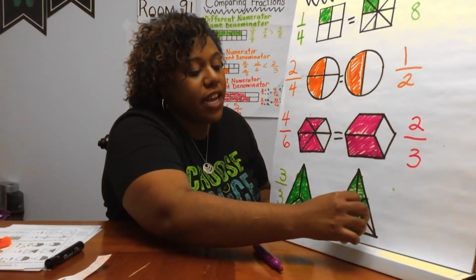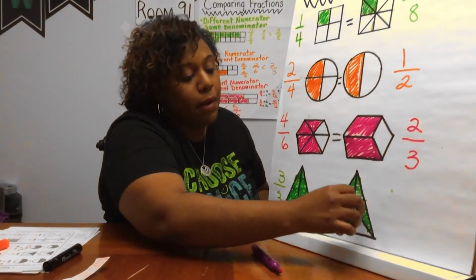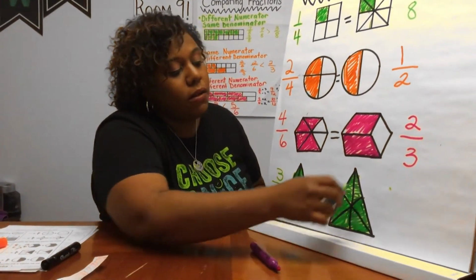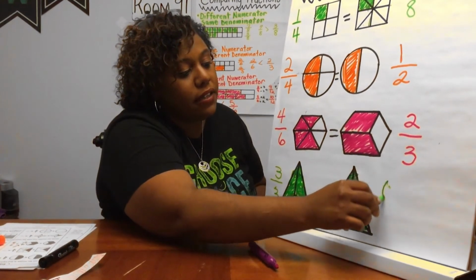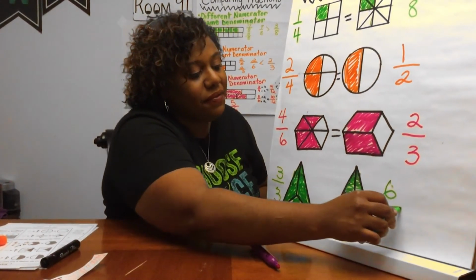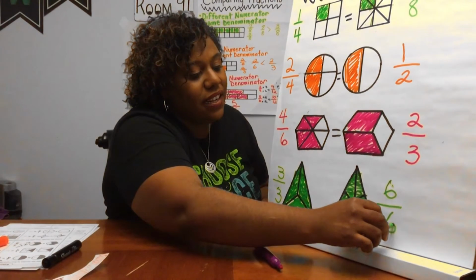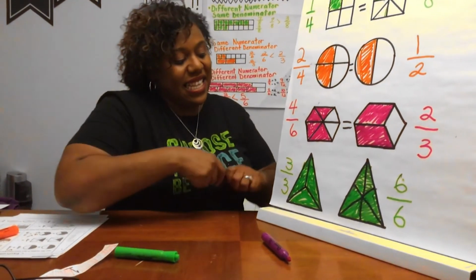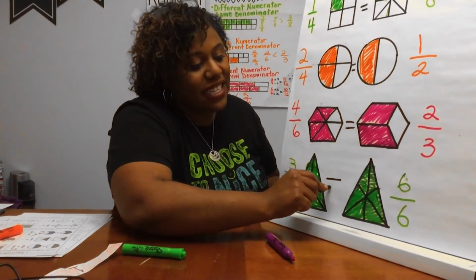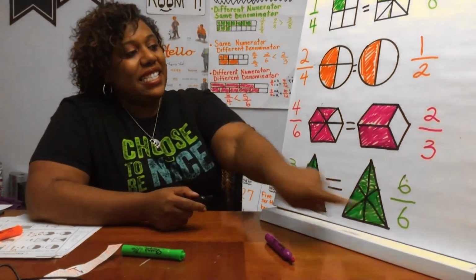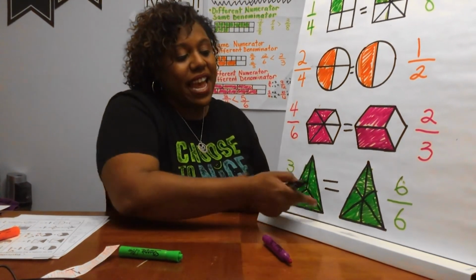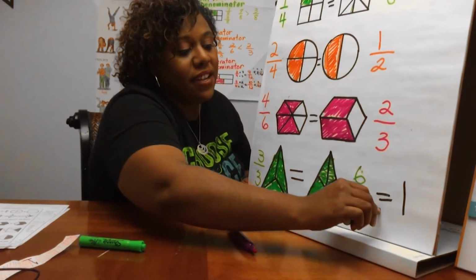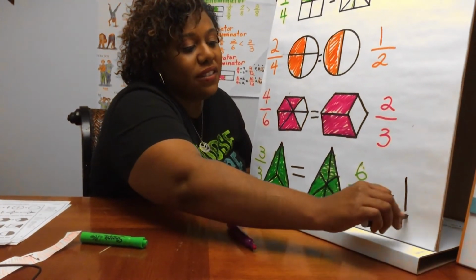The numerator tells us how many parts, and denominator tells us what is the whole. So there are 6 parts and 6 altogether. 6/6. So 3/3 is equal to 6/6, which when we look at it is equal to 1 whole.